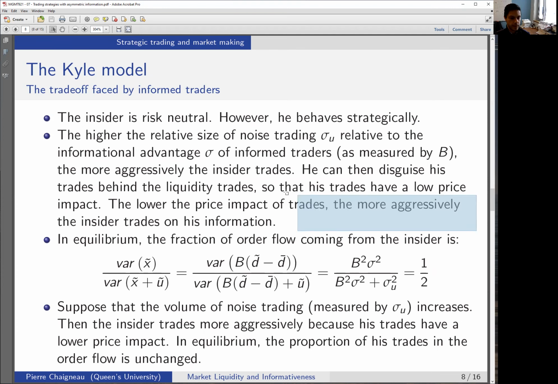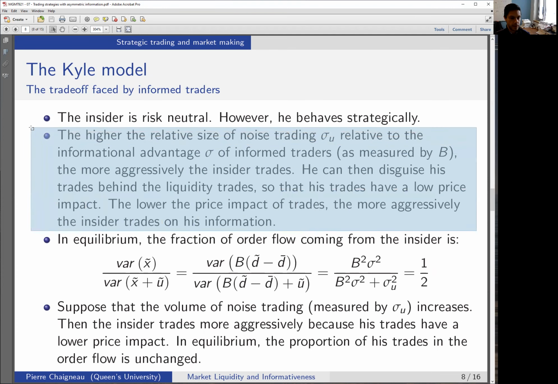So the insider is really trying to minimize the price impact of his trade. But of course, he needs to trade to some extent to be holding some quantity of the asset and to make some positive profits.